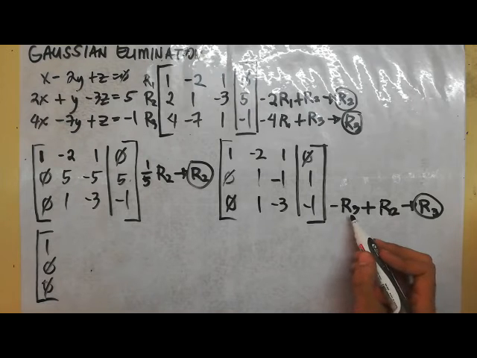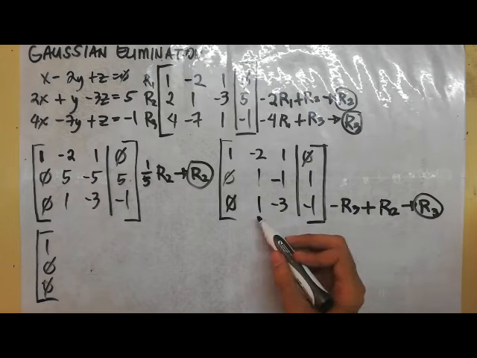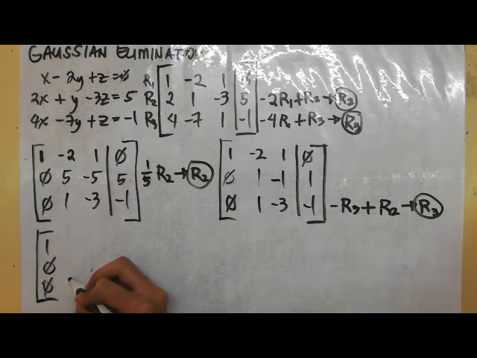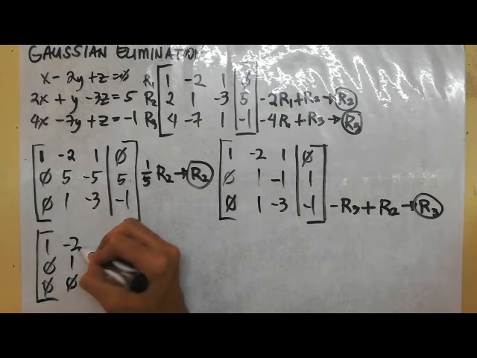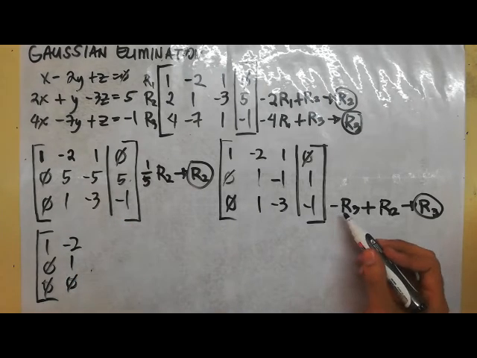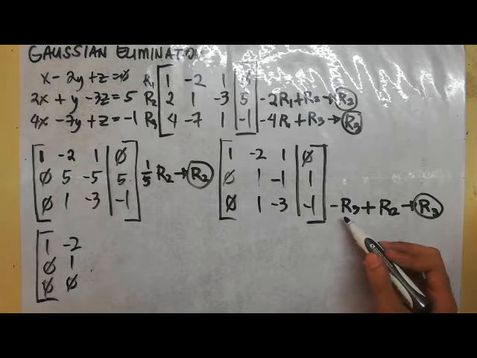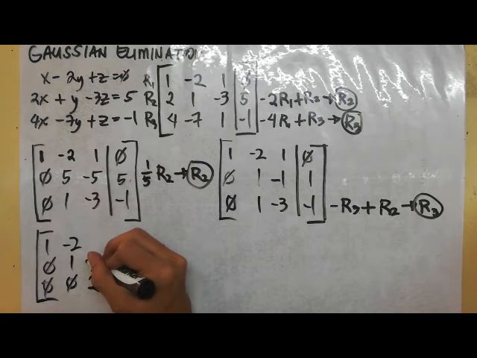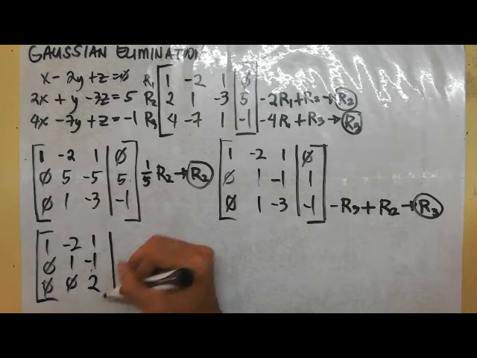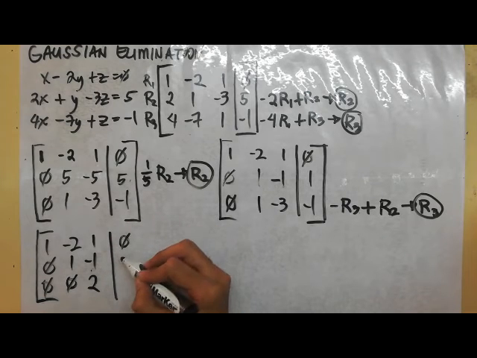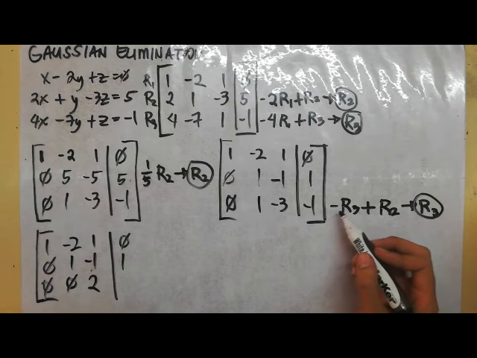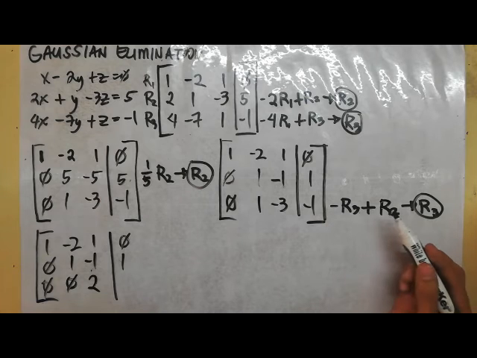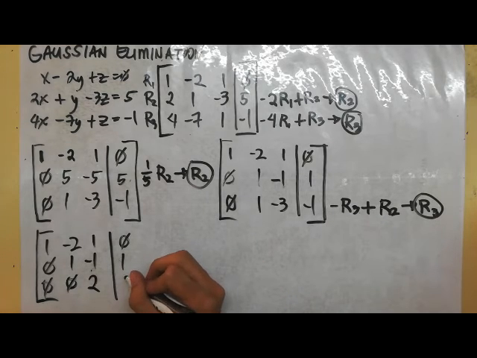Next, negative R3, which is 1, so we have negative 1, plus R2, which is 1, so we have 0. Next, negative R3, which is negative multiplied by negative 3, so we have positive 3, plus negative 1, so we have 2. And next, negative R3, which is negative multiplied by negative 1, so we have positive 1, plus R2, which is 1, so we have 2.